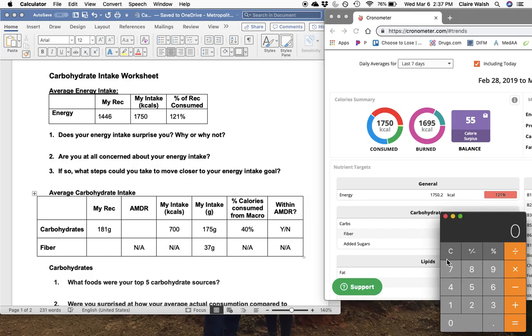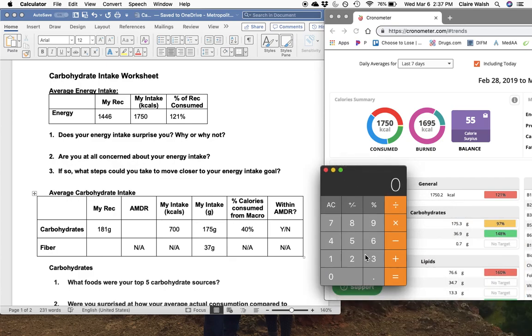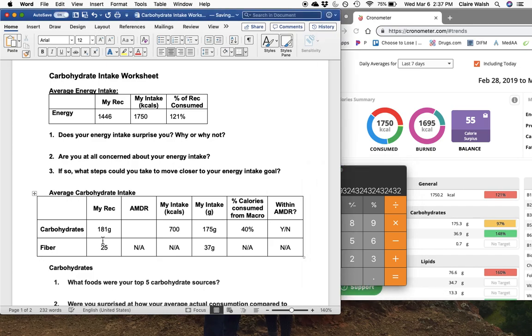So we'll clear this out, and I will take 36.9 divided by 1.48, because 1.48 is the numeric way to say a percentage. If it's a 2-digit percentage, like 80%, then you would just say 0.8. That equals 24.9. So I'm going to round that up and say that my fiber recommendation was 25 grams per day.